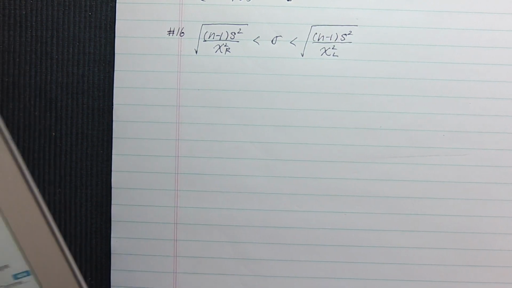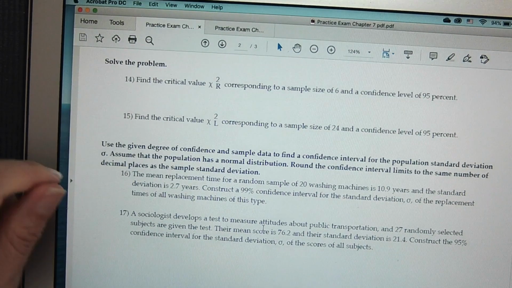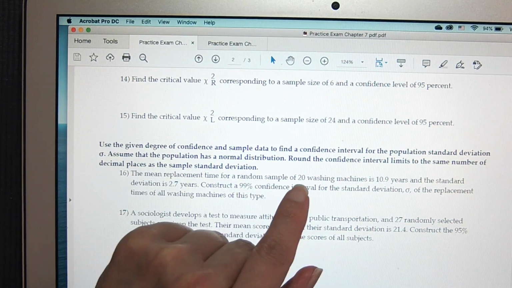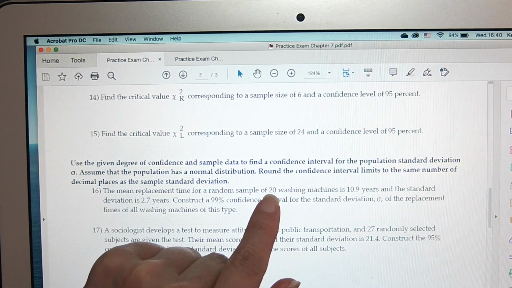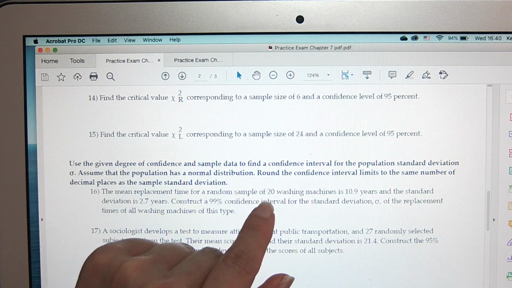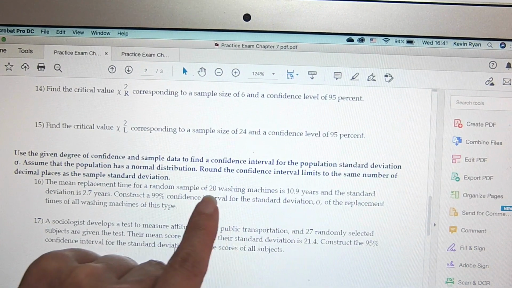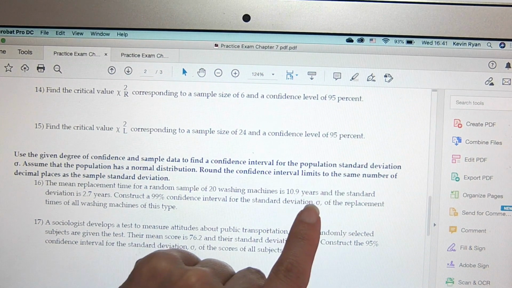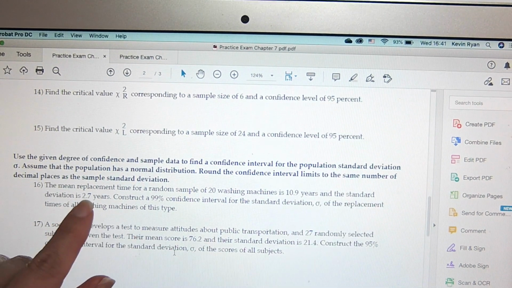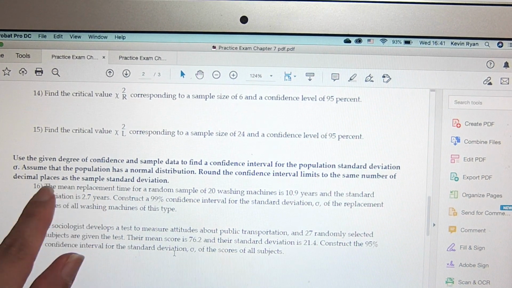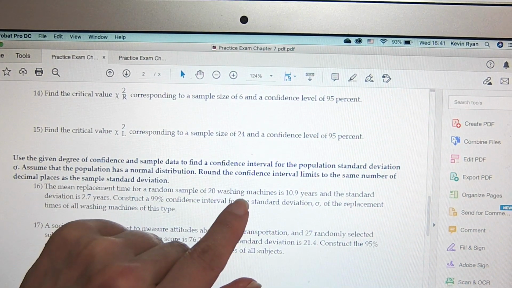Then just read the question. Here are the 20 washing machines, that's my sample size, n is 20. The mean replacement time is 10.9 years and the standard deviation is 2.7 years.